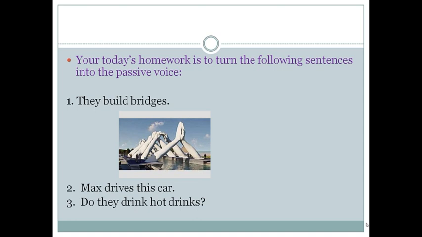Do they drink hot drinks? Does Maggie water that plant?